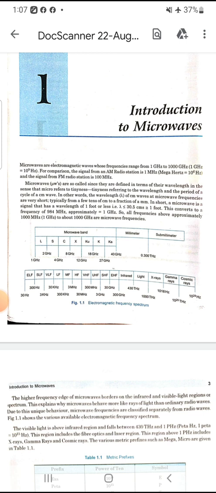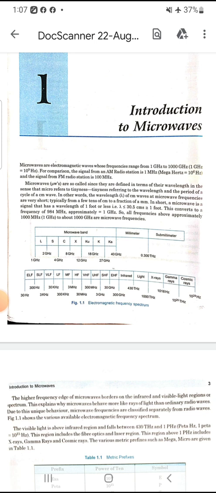One thing we are observing here is that frequency is increasing. Then the next band is MF, the medium frequency band, having a frequency range of 300 kilohertz to 3 megahertz. Then the HF, high frequency band, starts at 3 megahertz and ends at 30 megahertz.